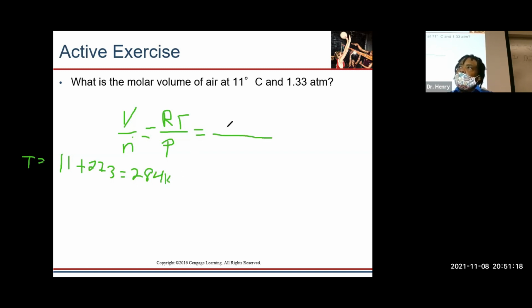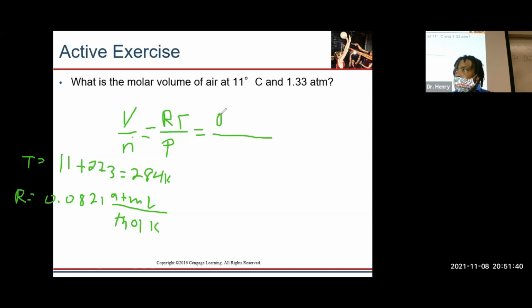So now we plug and chug. You know that R is going to equal 0.0821 atm liters per moles Kelvin.